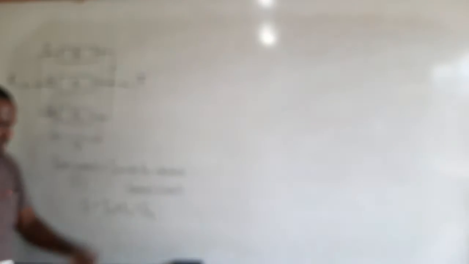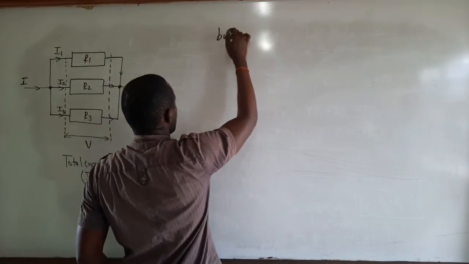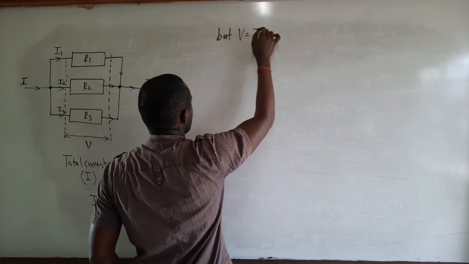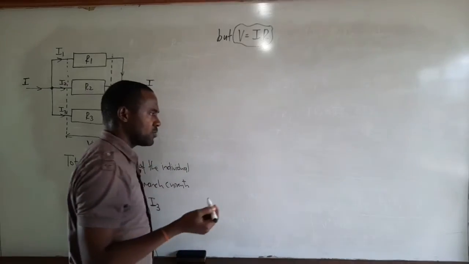And so we can say that I is equal to I1 plus I2 plus I3. But of course, we must recall that according to Ohm's law, V is equal to IR.